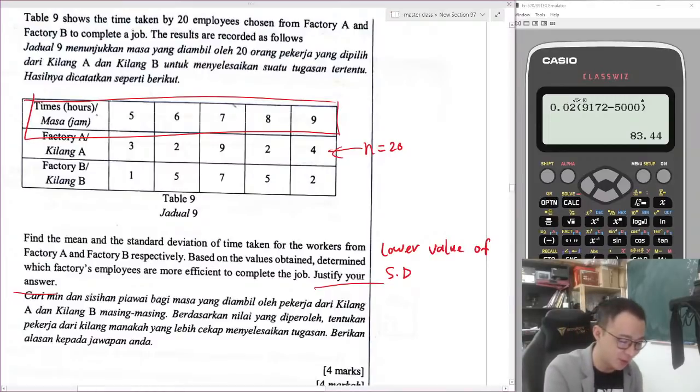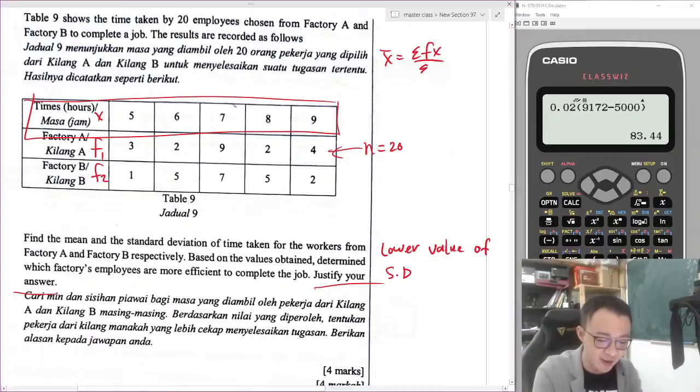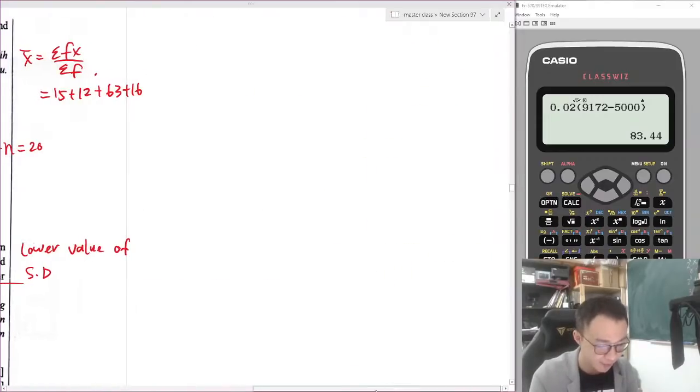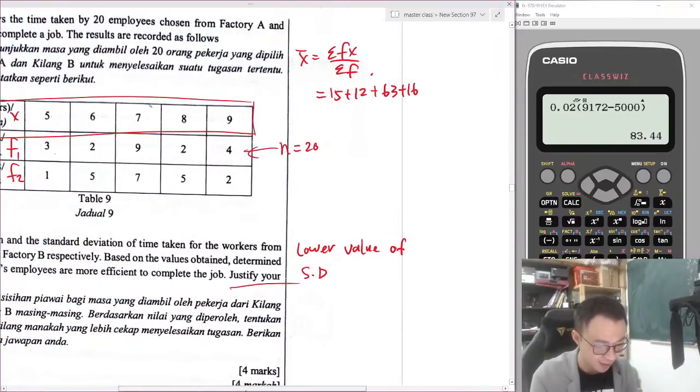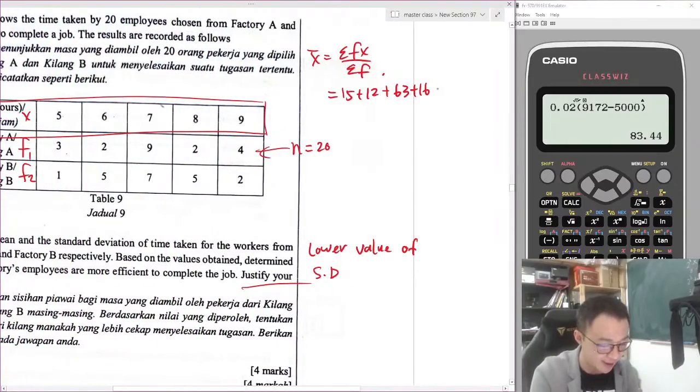This one will be x, this one will be f, f1 and f2. We find the mean first. It's sum of fx over sum of f. So fx is 3 times 5, 15, plus 12, 2 times 6, and so on, plus 63 plus 16 plus 36, over the total number 20.